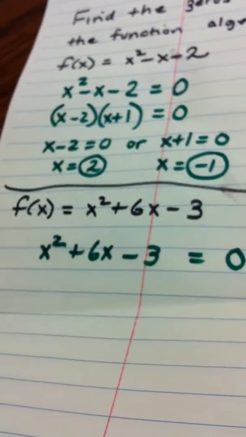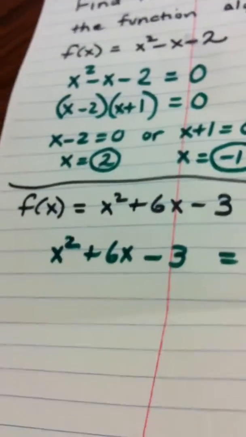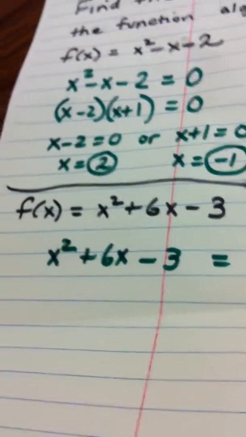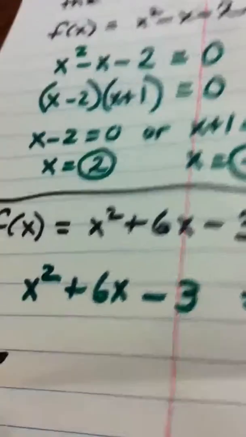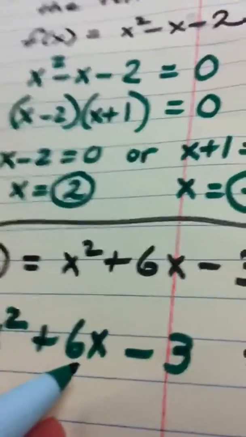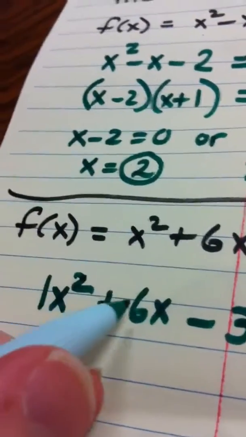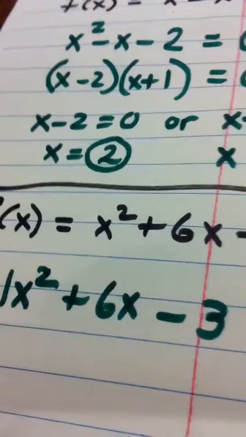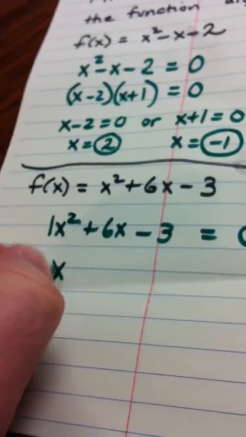Now, this is not going to factor, but me personally, instead of going to the quadratic formula, I'm going to use the square root property after I complete the square. And the reason completing the square came to mind, the leading coefficient is a 1, and the middle coefficient's divisible by 2.